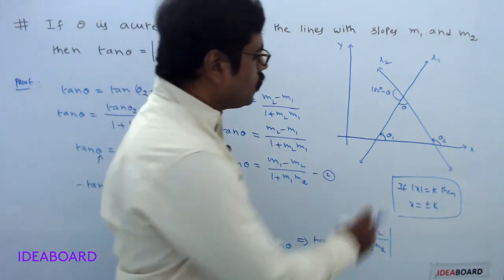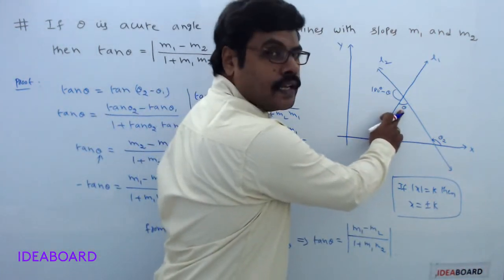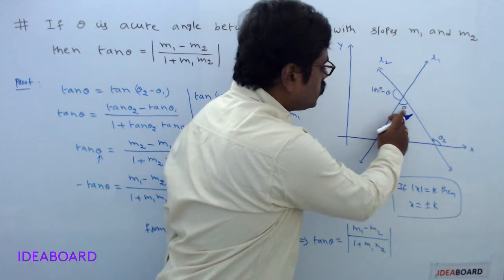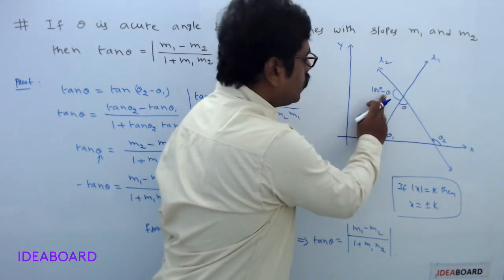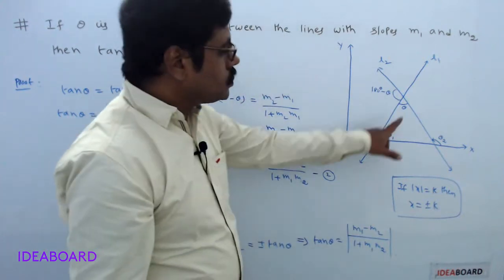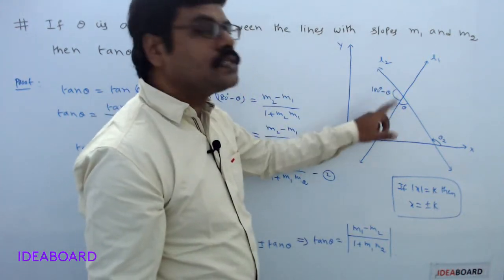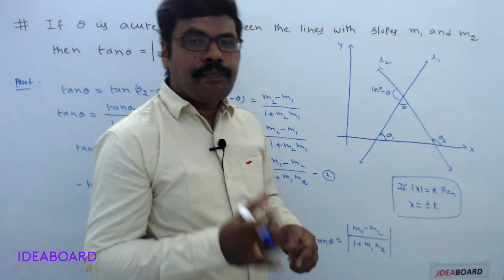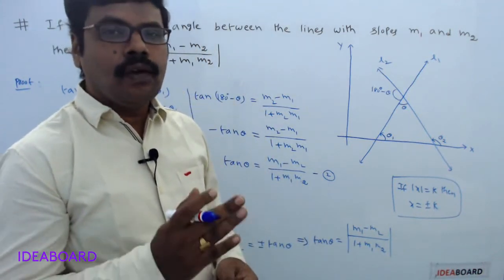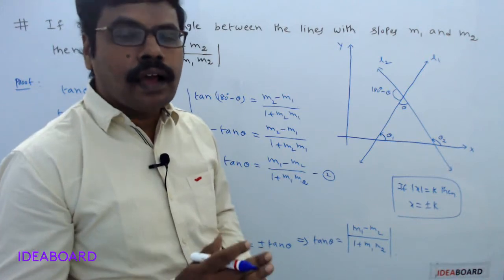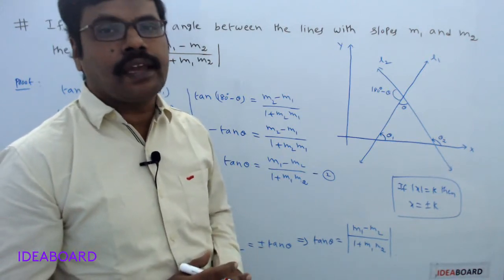For example, if the theta value is 60 degrees, this angle is 60. What about this angle? 180 minus 60, that is nothing but 120. So this is the acute angle, this is the obtuse angle. So for every two intersecting lines, there exist two angles: one acute and the other obtuse.